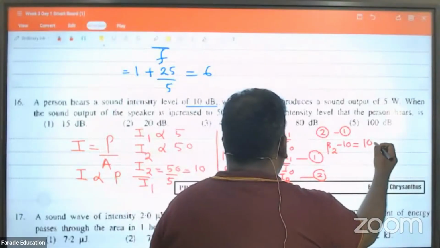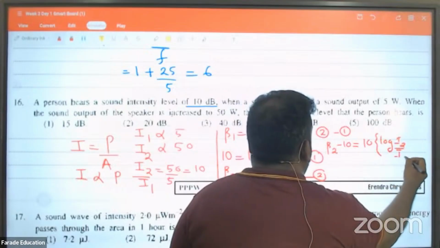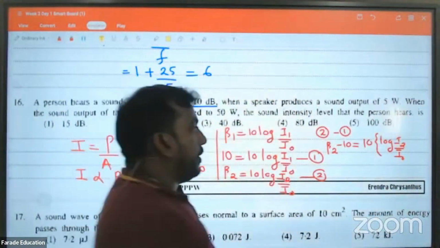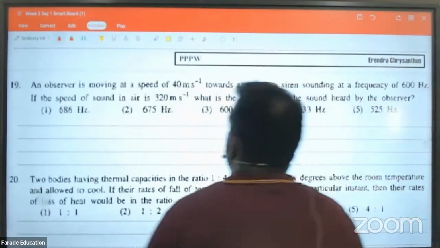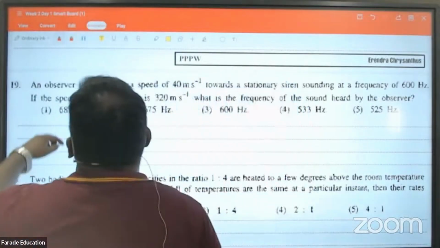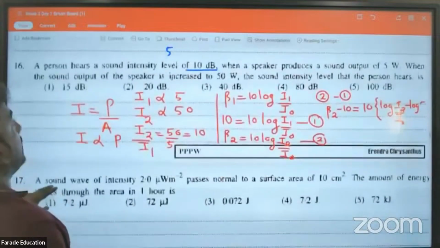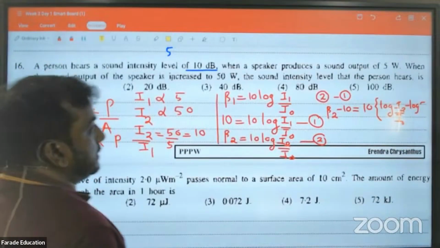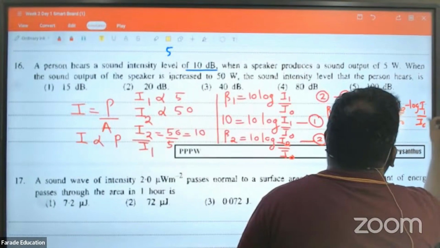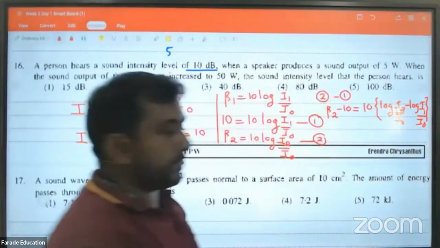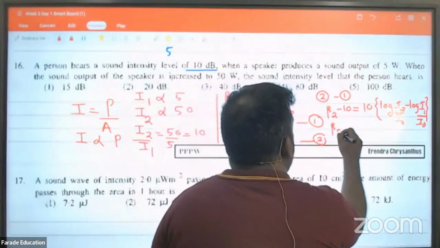Take the common terms out: 10 log of I2 over I0 divided by I1 over I0.